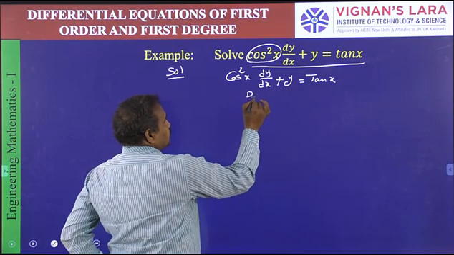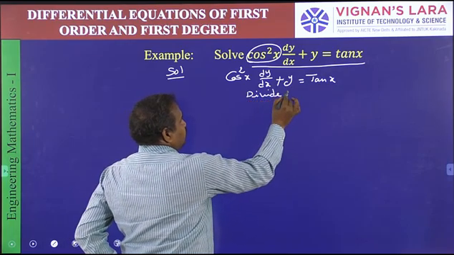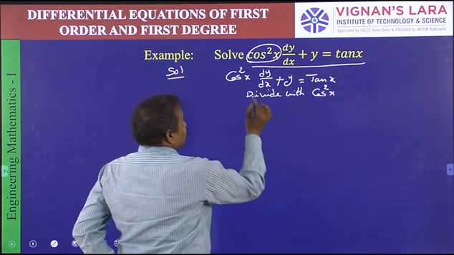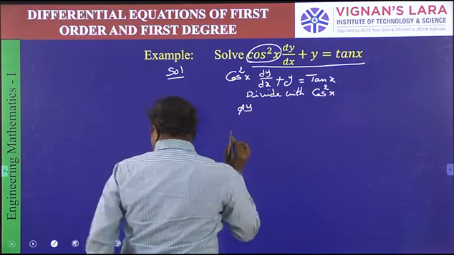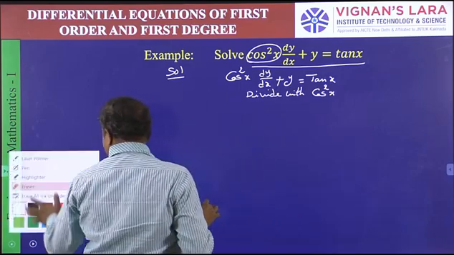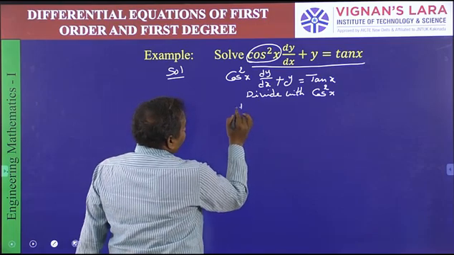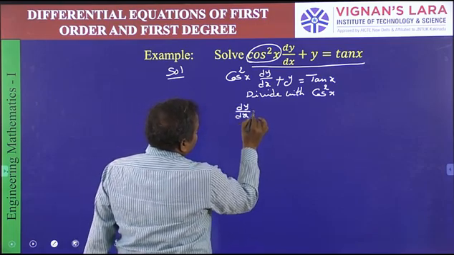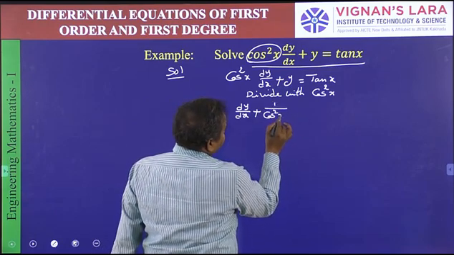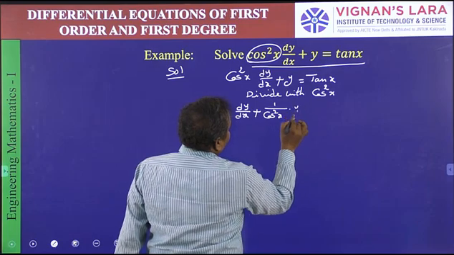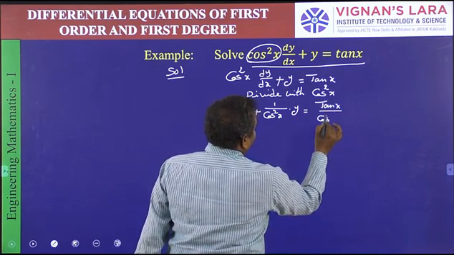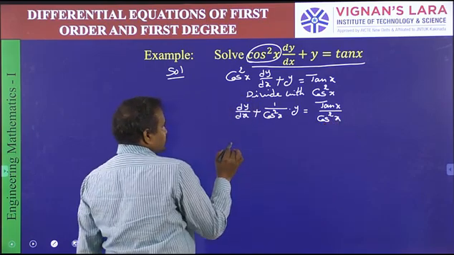Divide this by cos square x. Then dy by dx plus 1 by cos square x into y is equal to tan x by cos square x.